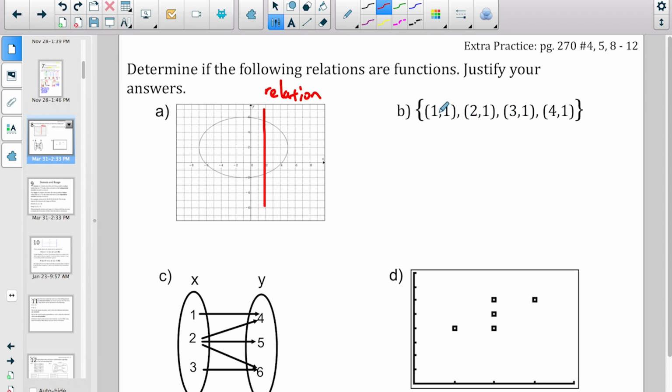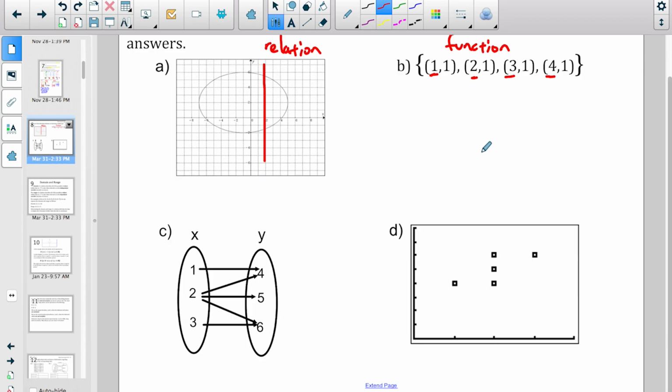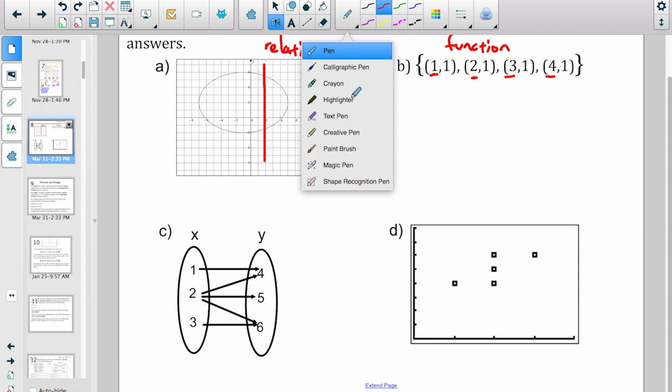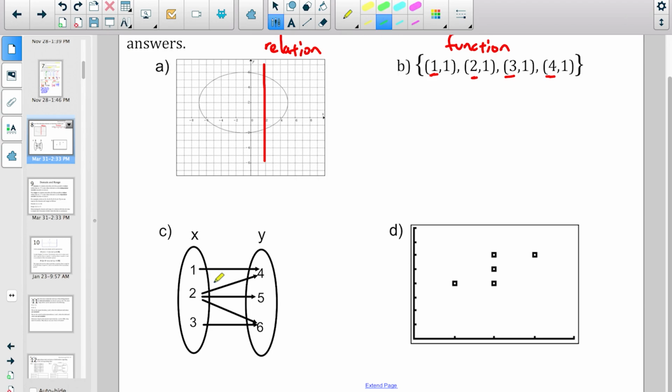Our second example, we can quickly check our x values. We see that you have no repeating x values, which means that every x value is only related to one y value. So this is a function. For problem C, we can take a look here and we'll see that the value of positive 2 is related to multiple y values, which is not allowed in functions.